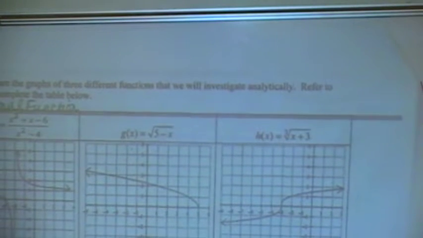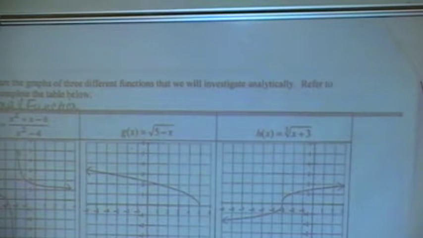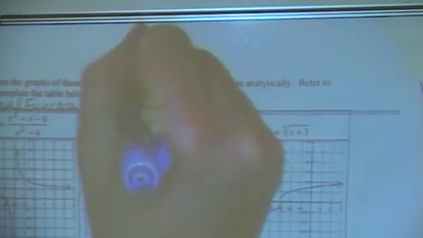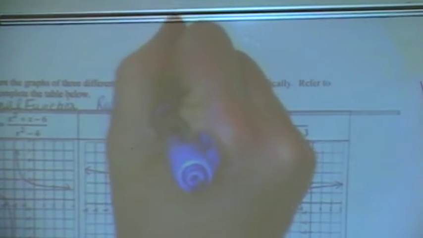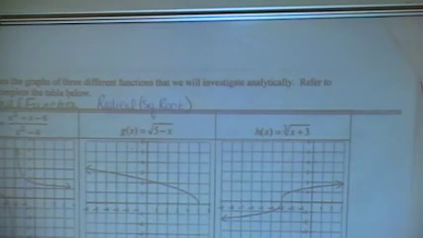Okay, what do we call this function? That's square root or radical. You can call it either one. So let's start by looking at the graph.